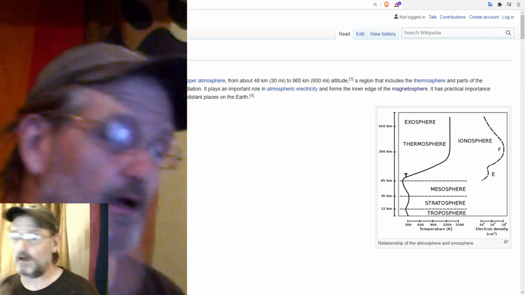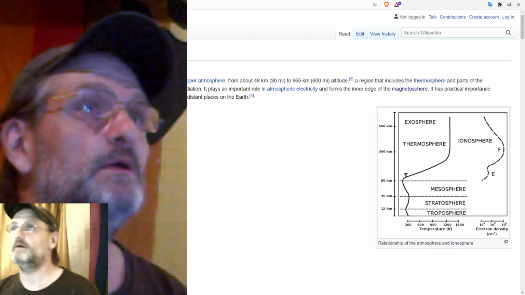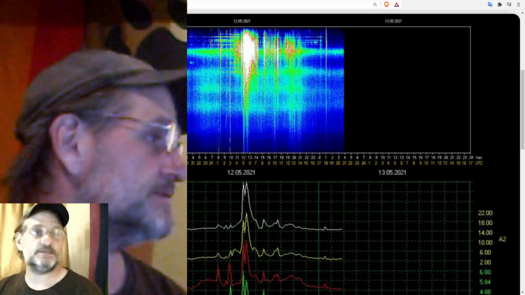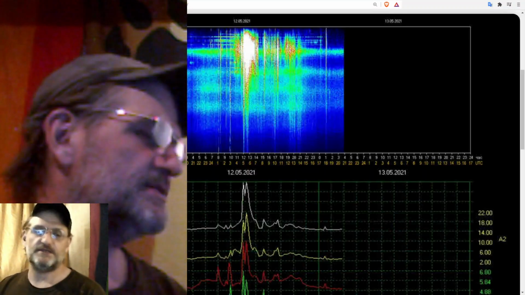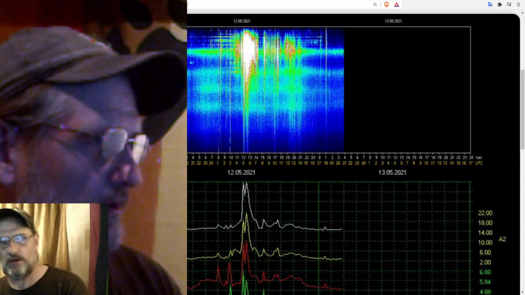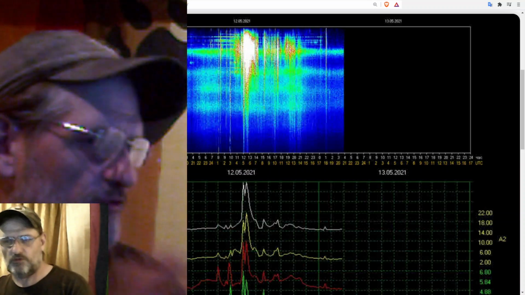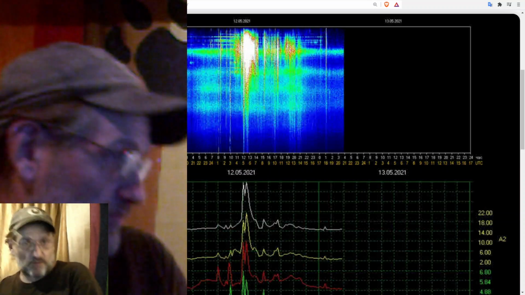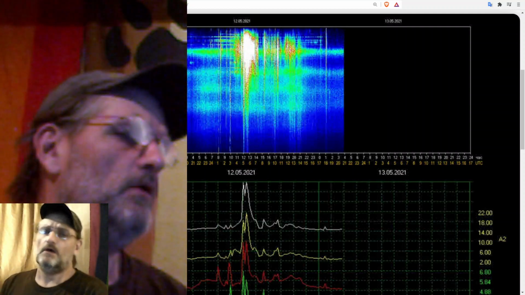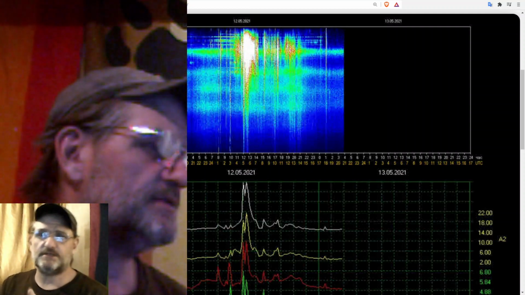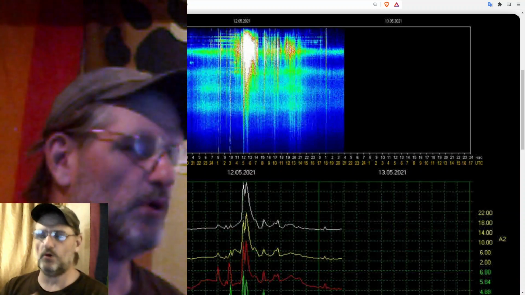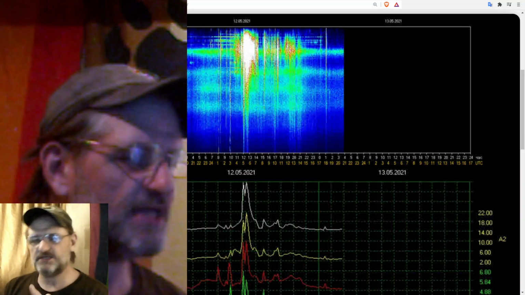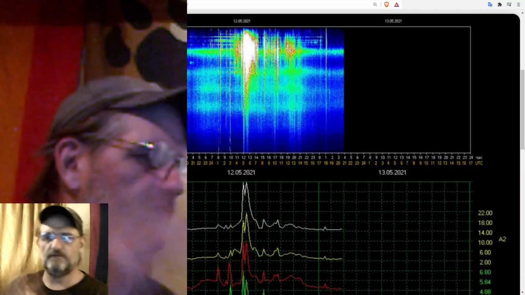So depending on what the ionosphere is doing, in all cases, the resultant is the Schumann resonances.